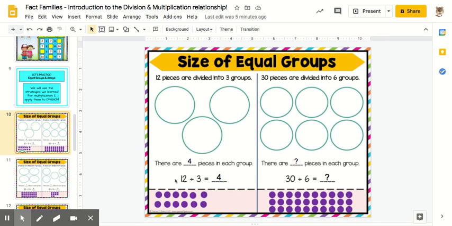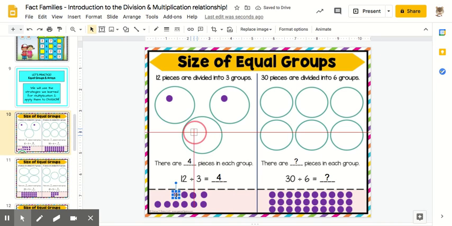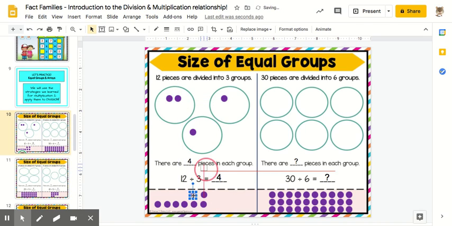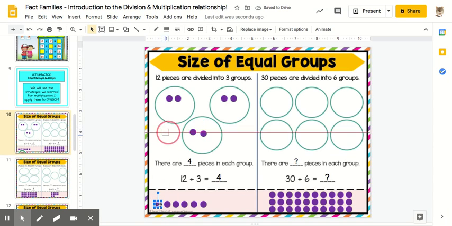But what I would do in order to get my 4 is I would start to share out my pieces equally into the 3 groups. So I have drawn my 3 groups because I know that I'm dividing by 3, and then I start counting to 12 as I share them in.